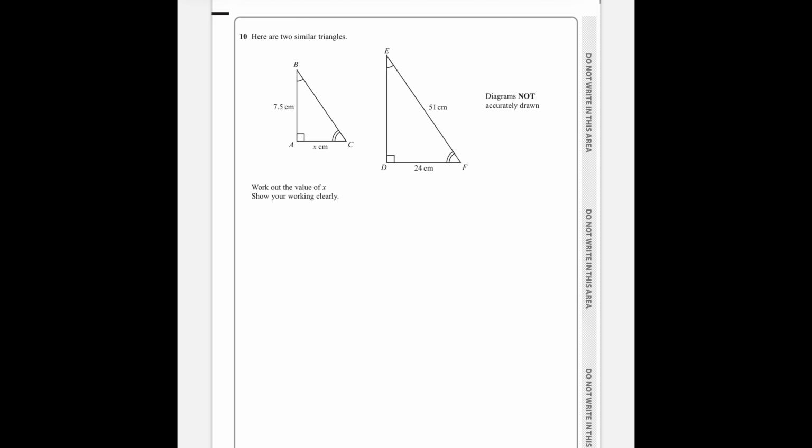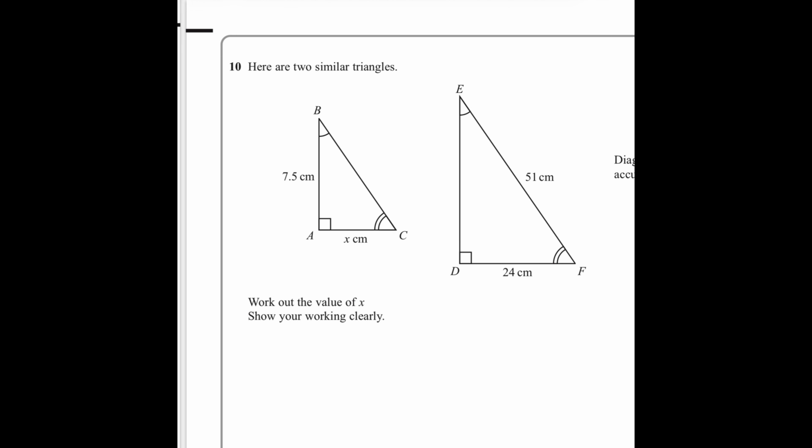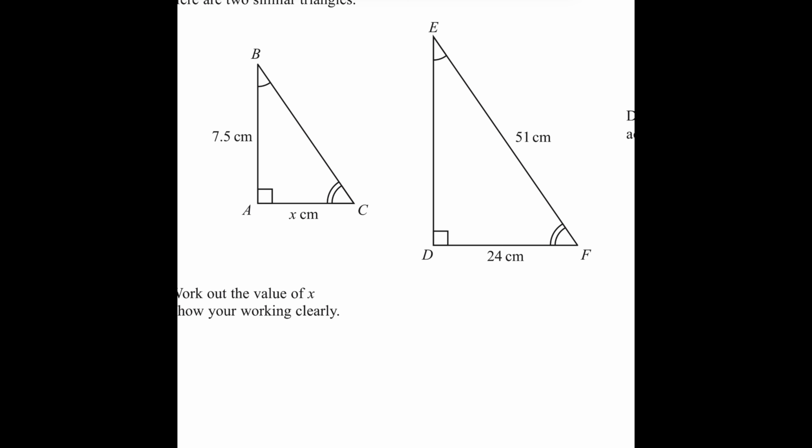Okay, next one. Two similar triangles. Work out the value of x. This is just a scale factor question. We're given the side BA on the smaller triangle, but we're not given ED on the bigger triangle, so we just have to find ED. You can do that by using Pythagoras' theorem: a squared plus b squared is equal to c squared, c being the hypotenuse.